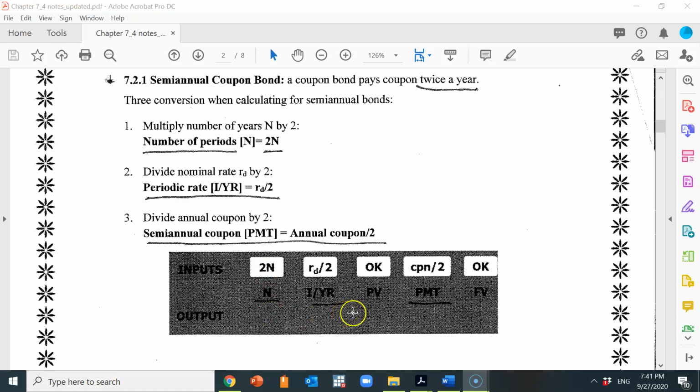So N, I, and payment are the 3 things we need to change compared to how we work with an annual bond. For N, instead of inputting the number of years, we input the number of years multiplied by 2.